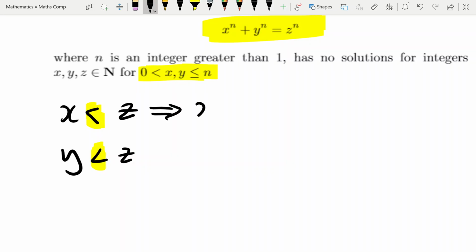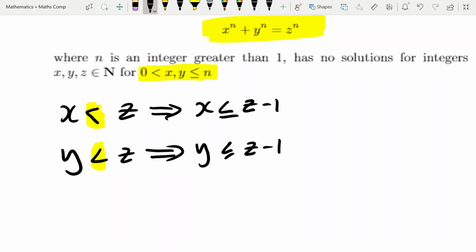If we now say x is less than or equal to z minus 1, this inequality no longer becomes strict. It allows equality. And y is less than or equal to z minus 1 is also non-strict.